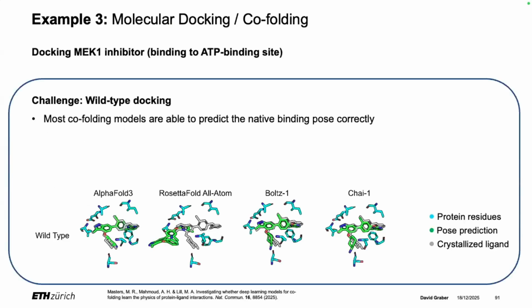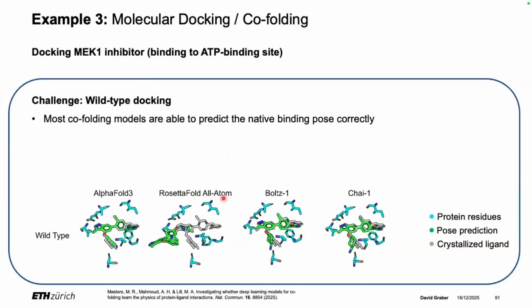And I would like to show you that using the results of one paper, using this MAP kinase system. So you have this protein, this MEK1 bound to an inhibitor. And the first challenge that you would give to a co-folding model is just remove the ligand and see if it can rediscover this binding pose.